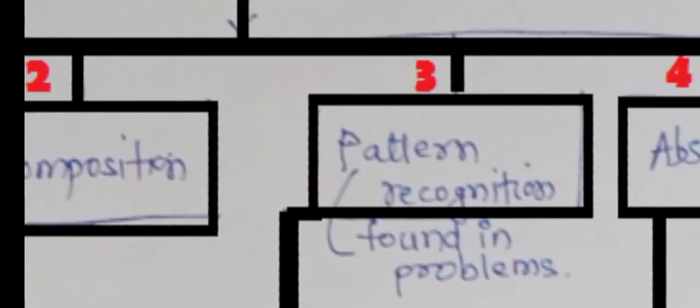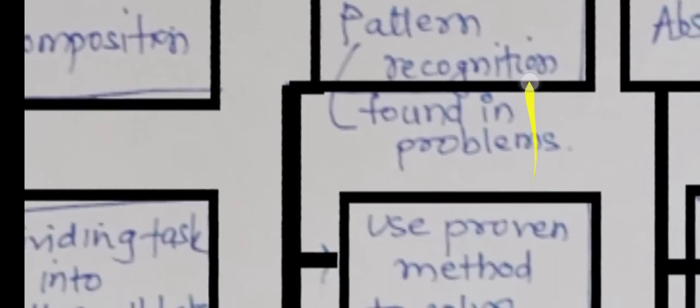The third is pattern recognition. Here we have to observe the trends or similarities in our problem. Previously somebody must have faced this problem, and some experts must have already solved such a problem, and we look at what exact methods they used.